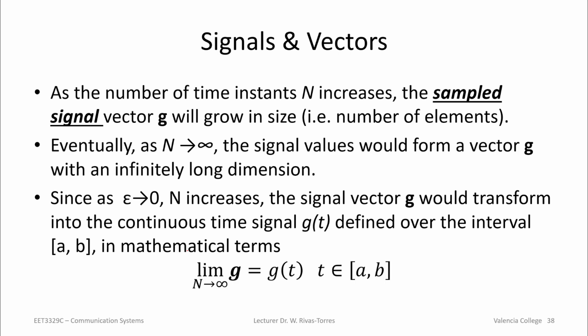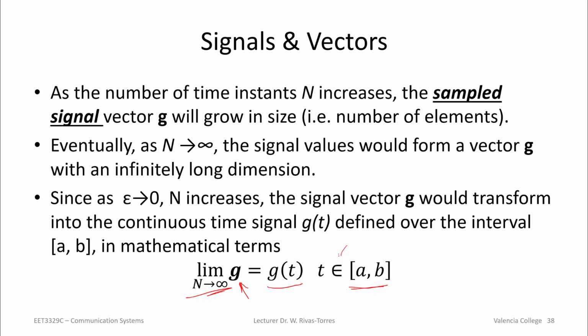In other words, we can talk about the limit as n goes to infinity of vector g. That's why this is bolded. The textbook talks about vectors as bolded letters. As the vector g grows in size as n goes to infinity, you then get your signal g of t back within the interval that you evaluated it at.